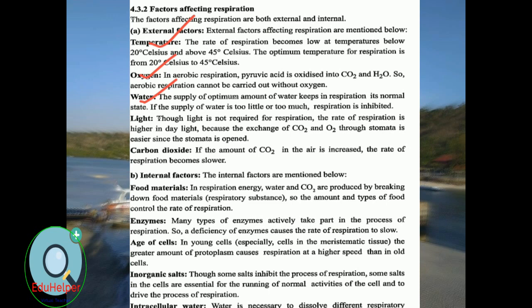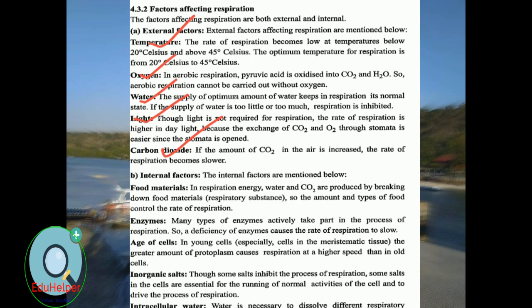Lack of available water negatively affects respiration, definitely. And next, light controls respiration by raising the temperature of an organism. And finally, we can mention carbon dioxide. Atmospheric carbon dioxide affects respiration. The higher the concentration of carbon dioxide, the lower the rate of respiration.